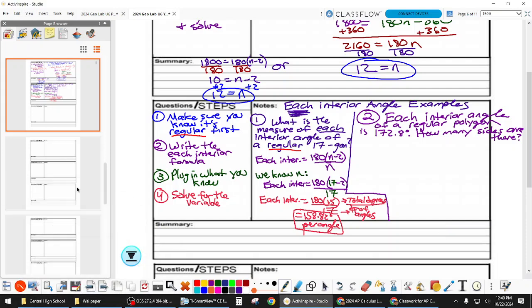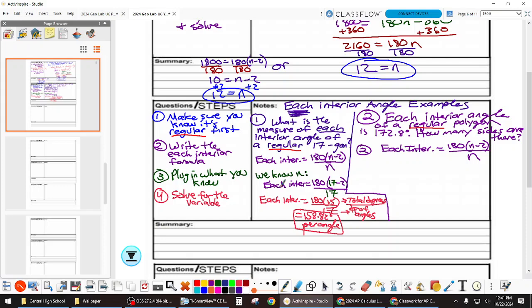Yeah, so the steps are the same. That means we need to make sure that it's regular first. So do we know that? We were told that it is. Okay, step 2. Write the each interior formula, which says each interior, because I like to abbreviate, equals 180 times n minus 2 over n.